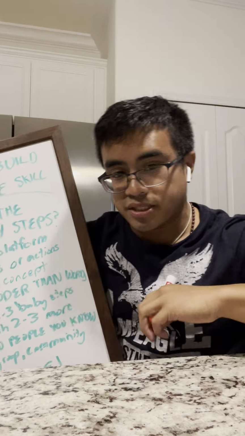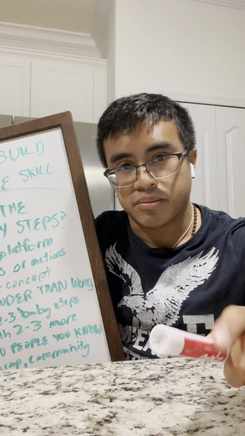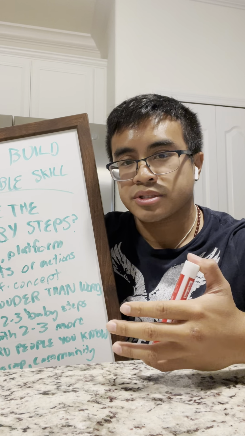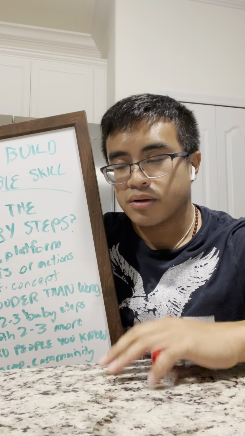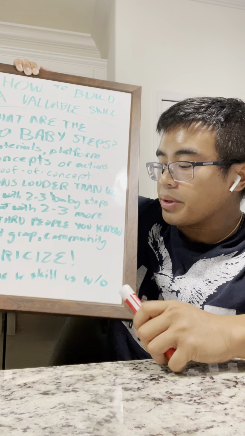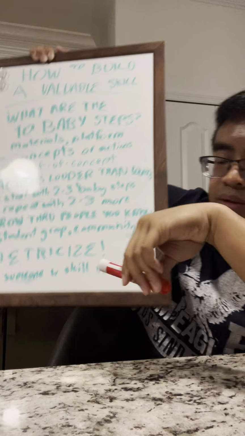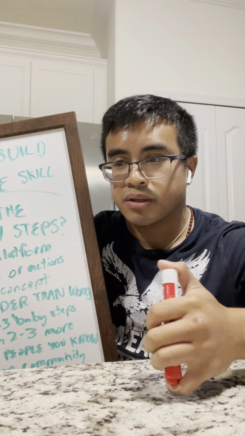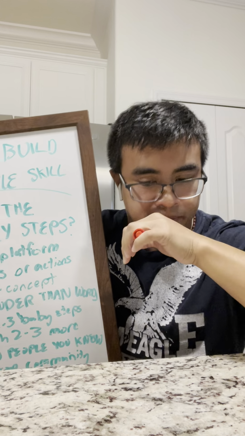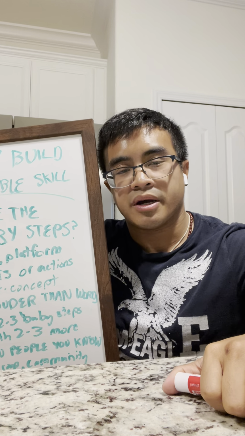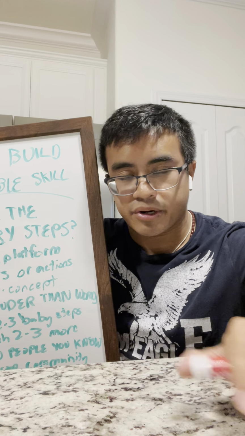Let's just say for me as an engineer, if I talk to an engineering manager or a senior engineer, I'll be able to have numbers that they will understand. But I also have to have numbers for people without that skill. So I'll give you an example. Let's say I'm being interviewed by an engineering manager.